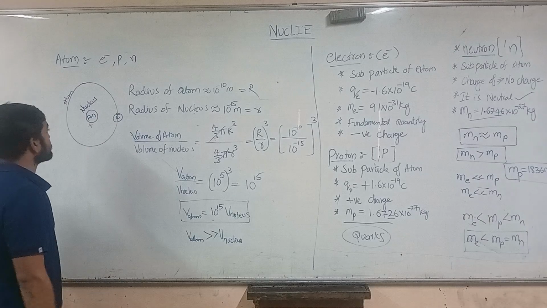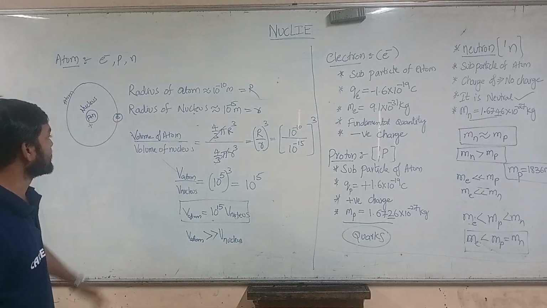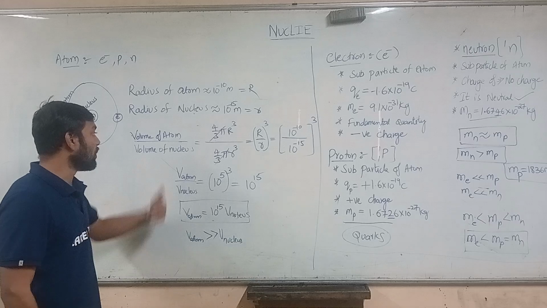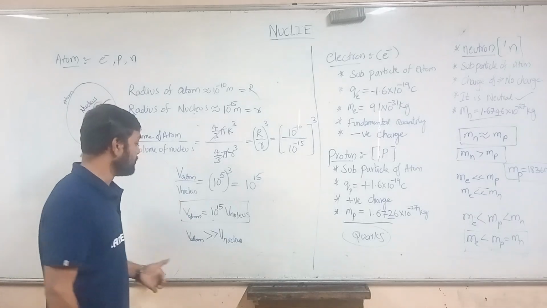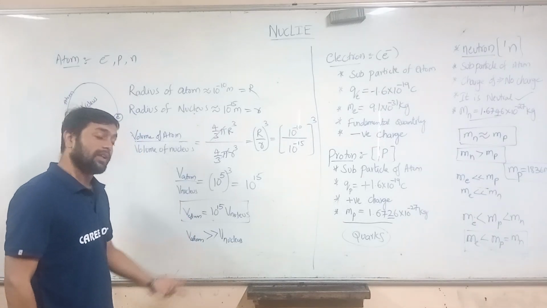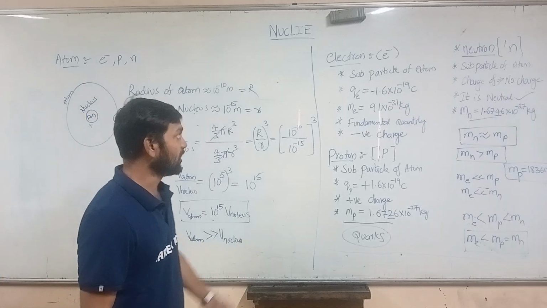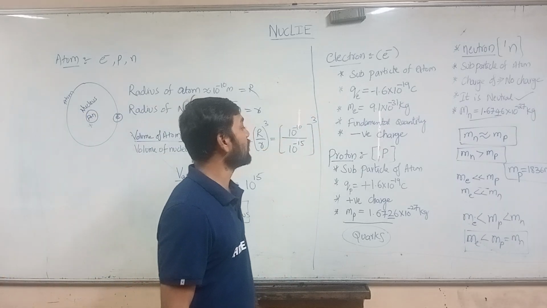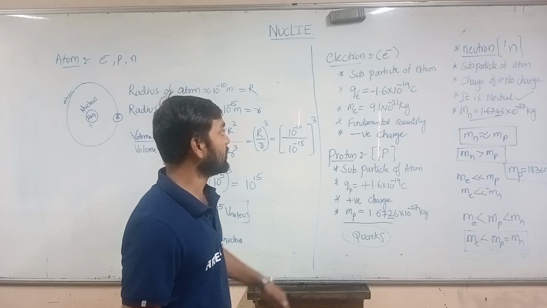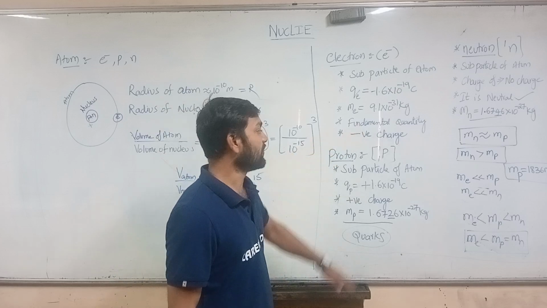We have also discussed the volume of the atom compared to the volume of the nucleus, how big the atom is, and the masses of the electron, proton and neutron.